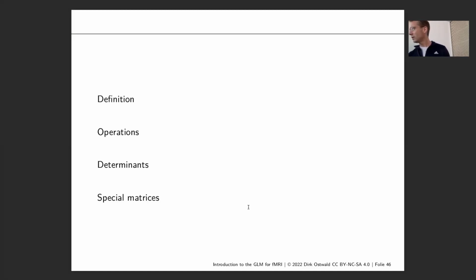How long a break do you want? Quarter to 12. At 12 continue, so you can choose, let's vote. I could continue at 11:30, but I can also latest continue at 12. Who wants to continue at 11:30? Who wants to continue at 12?